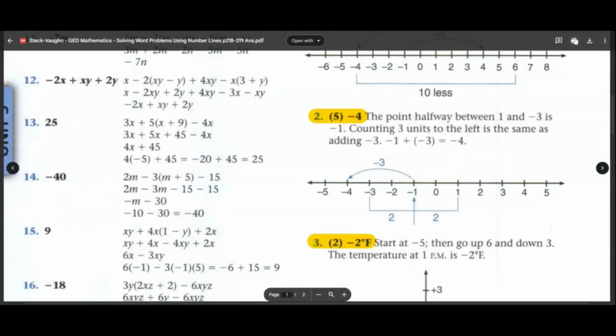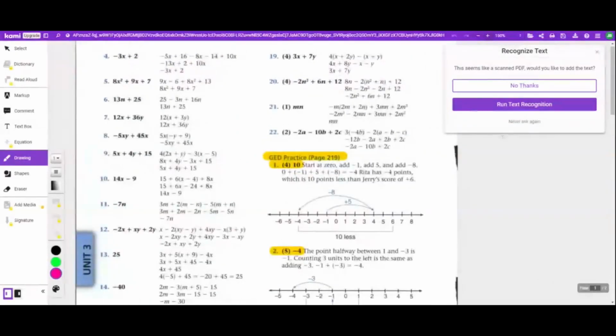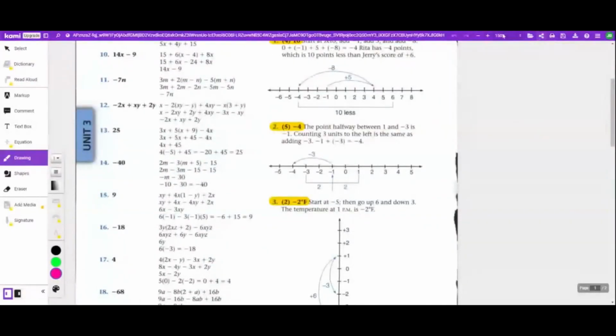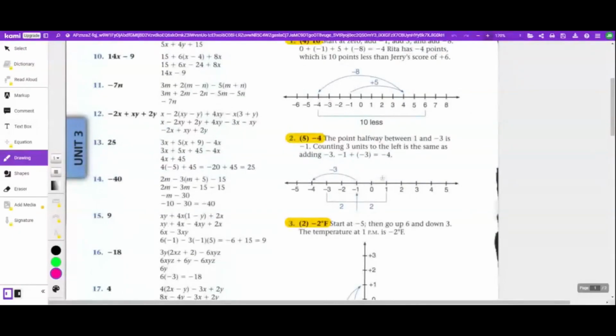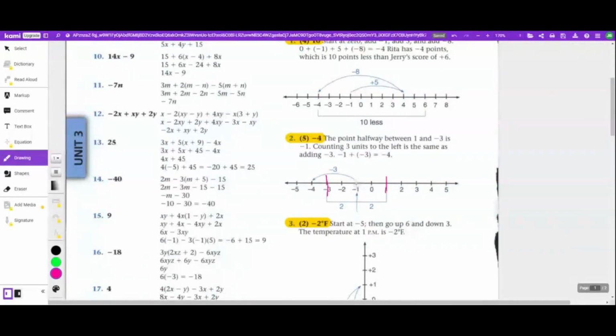Let me see if I can zoom in on that. Okay, so first of all, we are at +1 and -3, and the point that would be halfway between there would be -1.